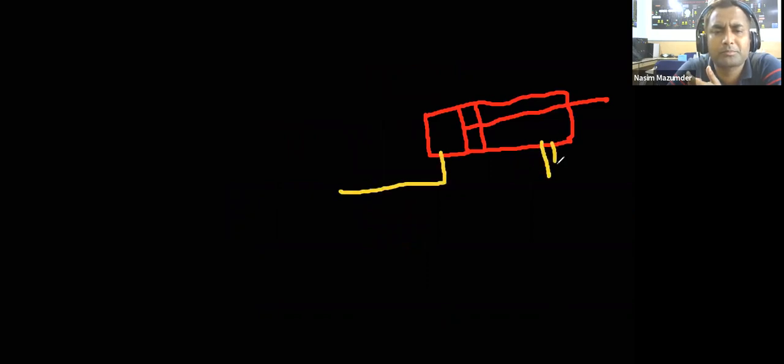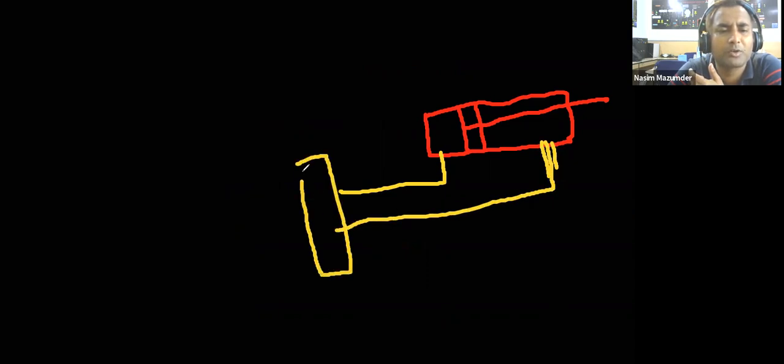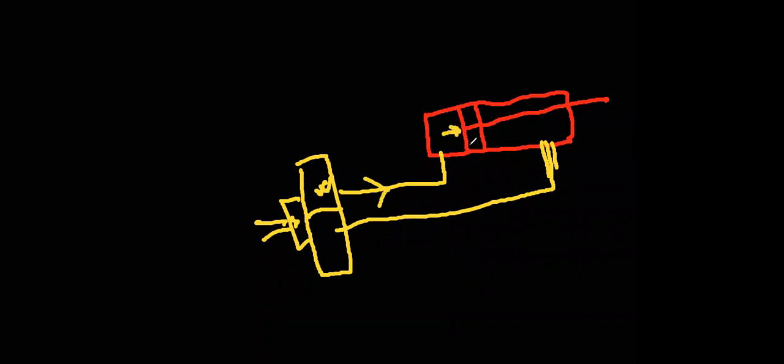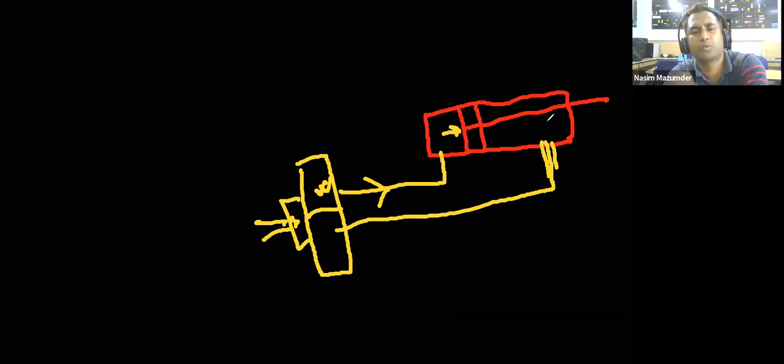So if I am connecting it in this manner, I am using a double acting solenoid valve. If there is supply, this port will be open and air will be going through this. This will push this piston to move up, and the lever will be going out.